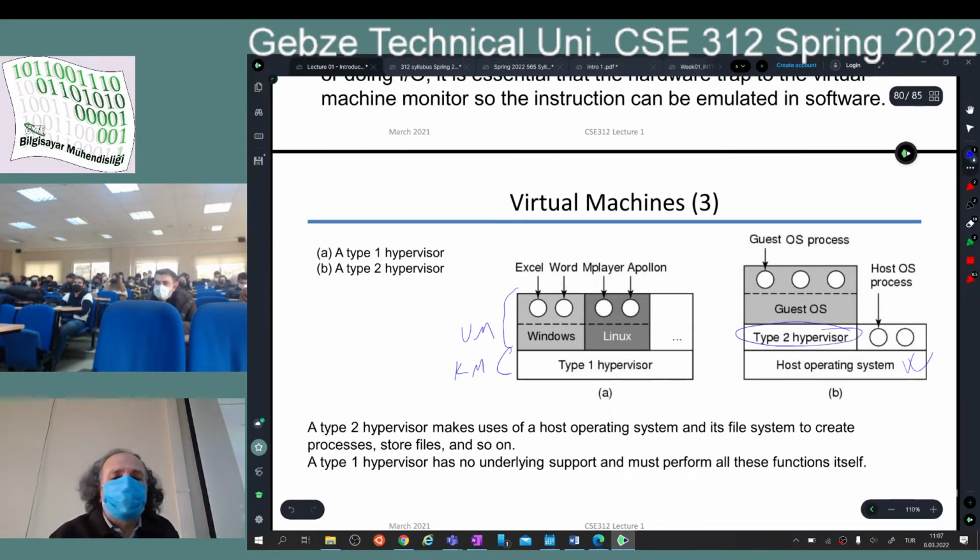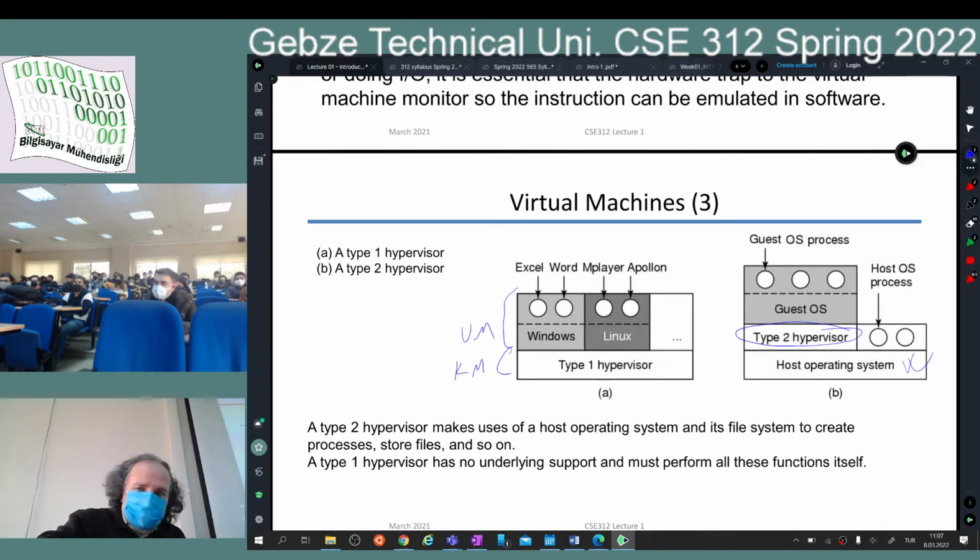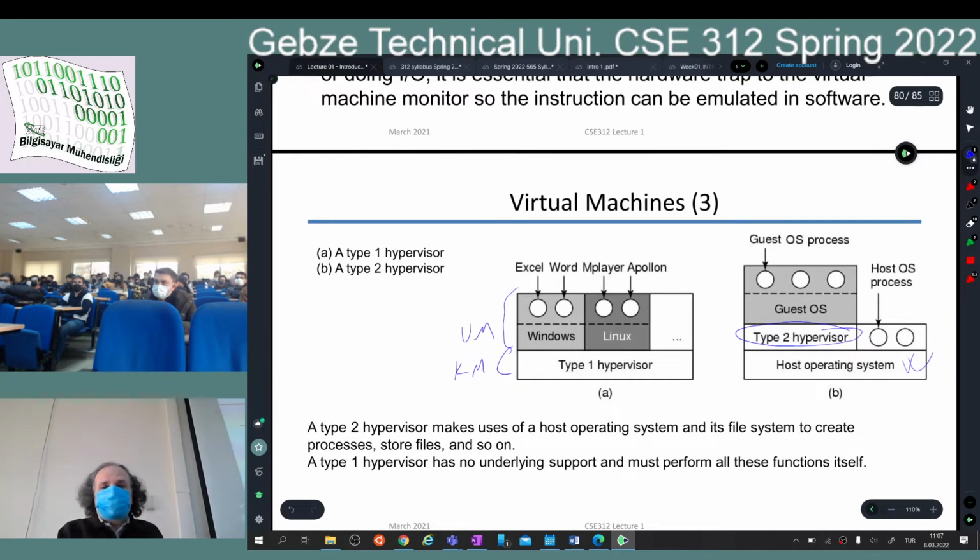This process shows itself as a hardware layer, and you can install Windows on top of it, or Linux, or some other operating system. This operating system thinks that it is running on bare hardware, but it is running on top of a type 2 hypervisor. So it is the task of the type 2 hypervisor to get the guest operating system's requests and translate them into the host operating system's requests.